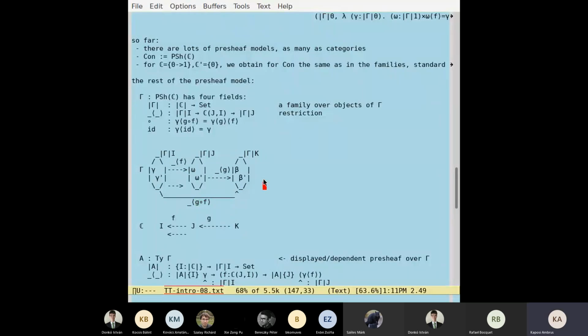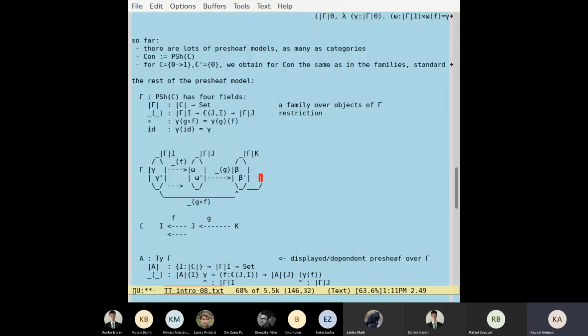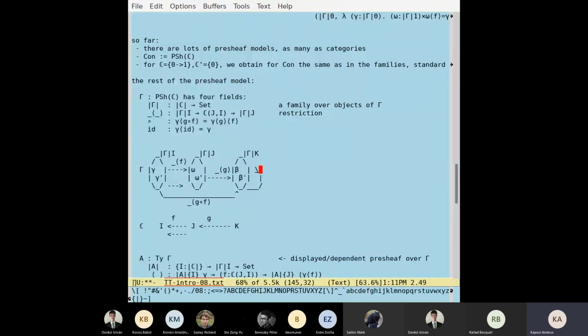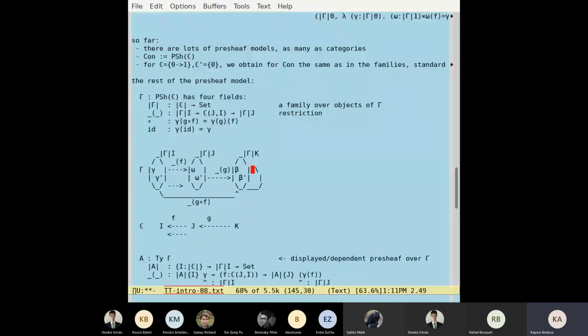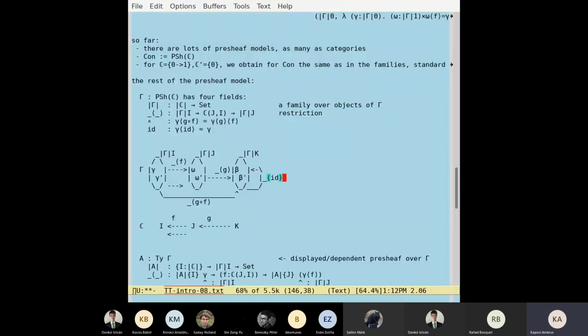Okay, and also I have this other property that, you know, I can always go from here to here, right? Just by using the identity. And then it doesn't do anything, right? This just says that this doesn't do anything.